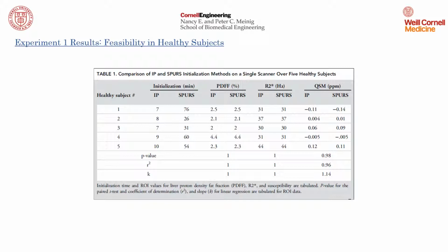Here you can see the t-test and linear regression analysis show a very good correlation between these two methods. However, the IP initialization is about 6 times shorter than the graph cut method.